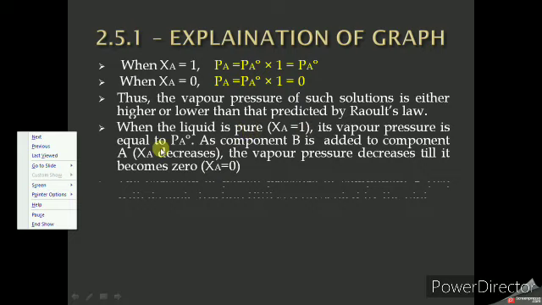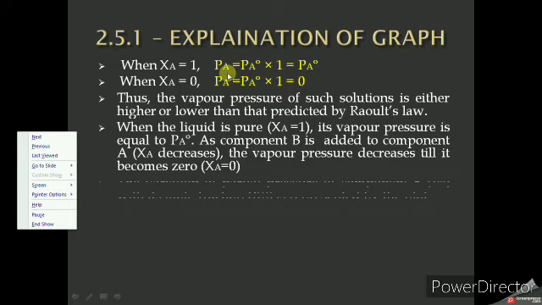As soon as you add B into A, the XA value, the mole fraction of A, decreases, and the vapor pressure also decreases till it becomes 0.